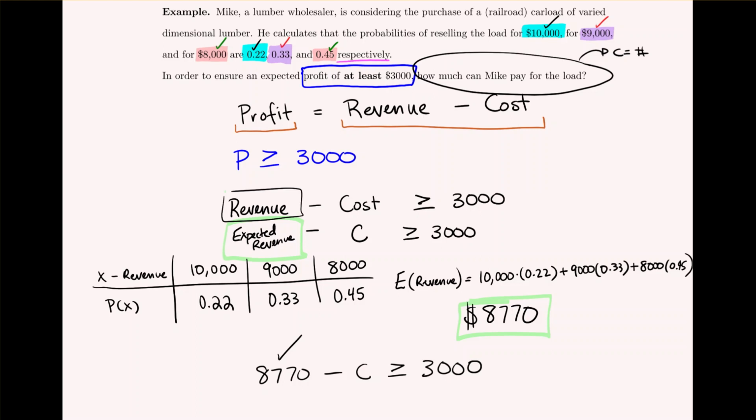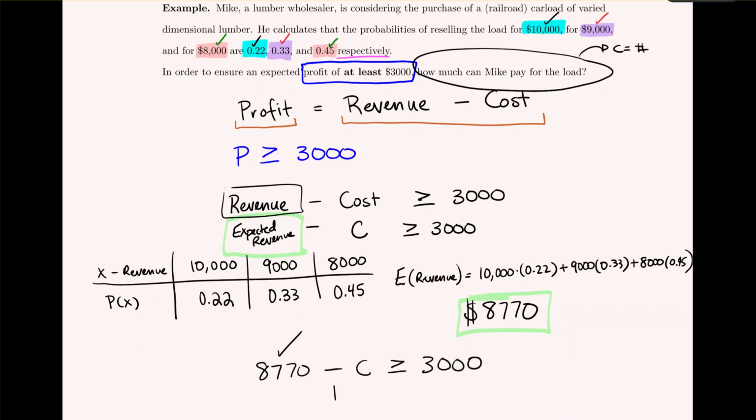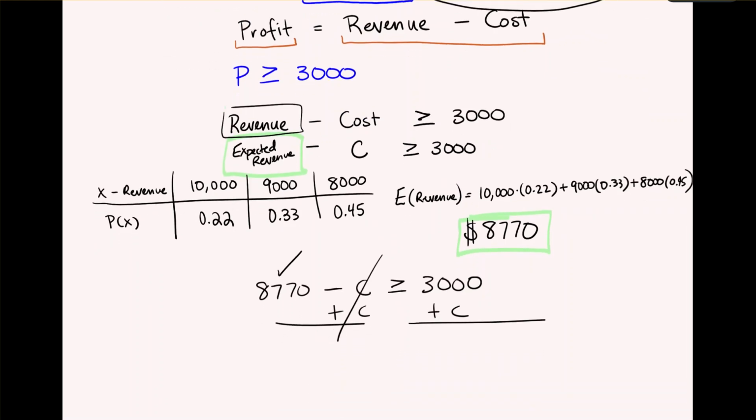Now here, I want to get the cost isolated. So I want to get cost by itself, everything else to the other side. So currently cost is being subtracted. Let's add it to both sides. What's done to one side must be done to the other. And we would get 8,770. The sign stays the same direction. 3,000 plus cost.